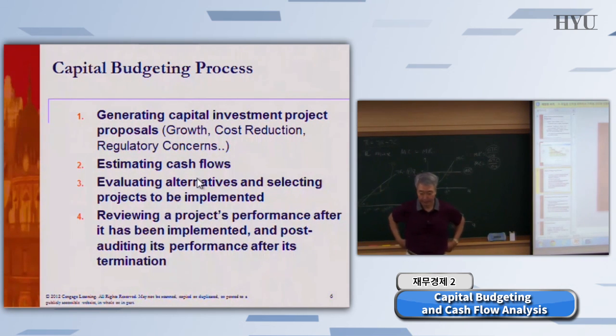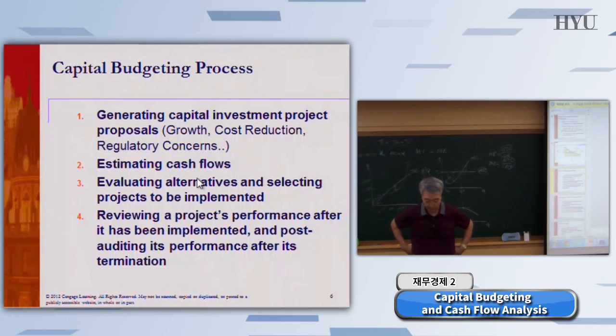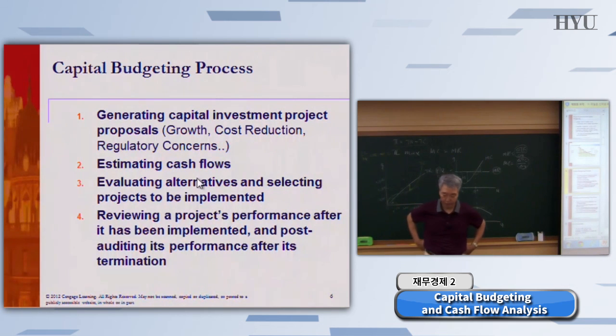Not yet? Okay. All right, so let me just think about this capital budgeting process. It's a kind of overview. First thing is you have to consider the project proposal. In other words, what are we trying to achieve? What's the goal of these projects? Is that growth of the company, or cost reduction to make the company more efficient?